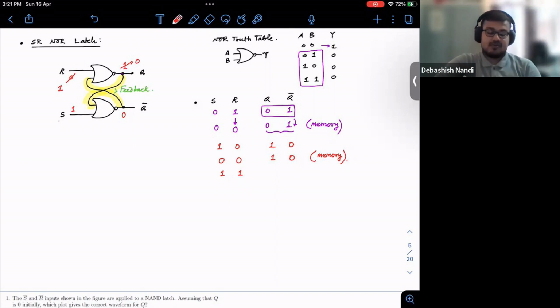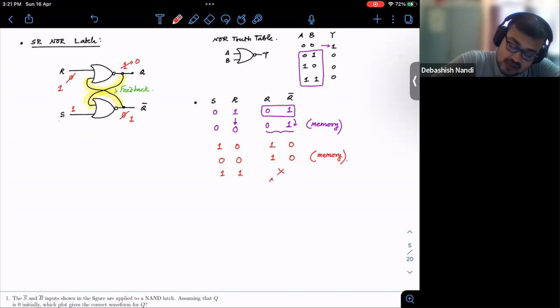Fine. And this will again change to 1, and again it will get repeated. So you cannot predict that. So we do not generally use this. Not used because of unpredictable nature.